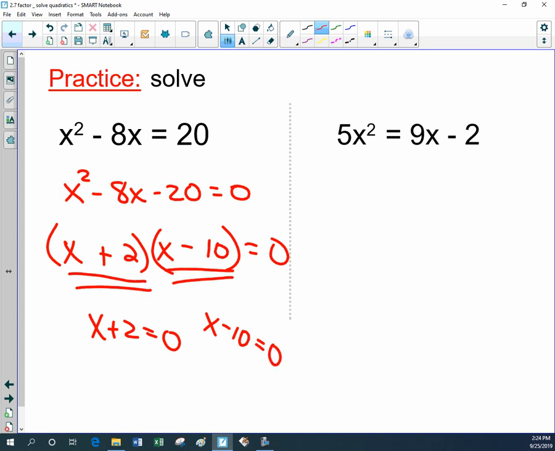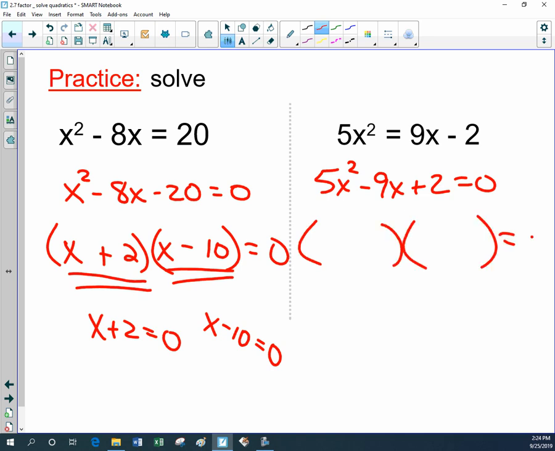Okay, on this example here, we would move everything to the left side. So I would have to subtract 9x, and I would have to add 2. And then at this point, we would factor. As I'm looking at that, this one appears to be one that does not have a solution.